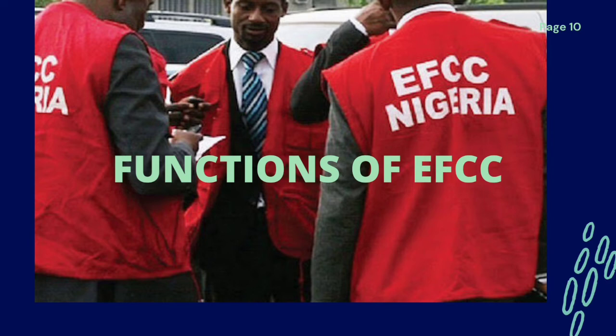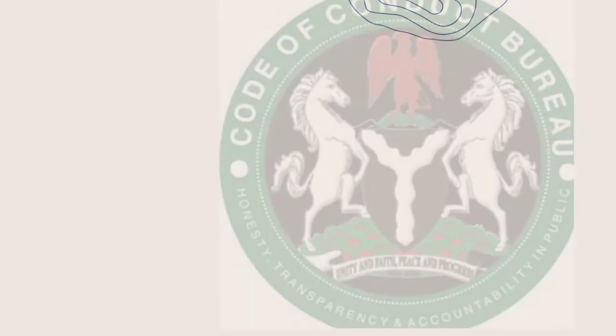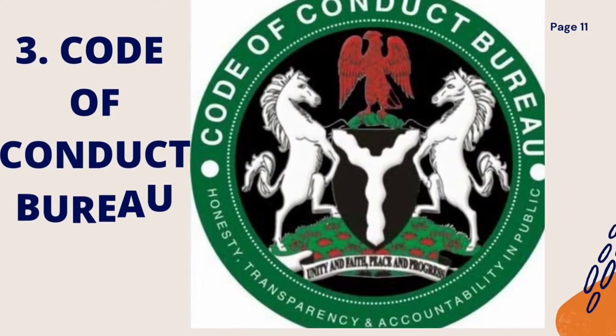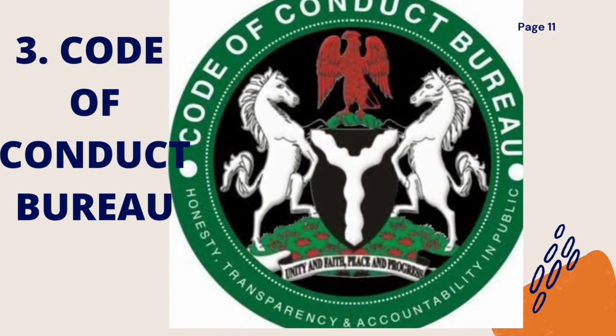To adopt measures to identify, trace, freeze, confiscate, or seize proceeds derived from terrorist activities, economic and financial crimes, etc. 3. To arrest corrupt public officials. 4. To prosecute all offenses or offenders connected with economic and financial crimes.